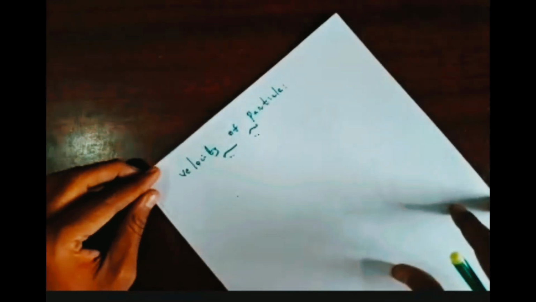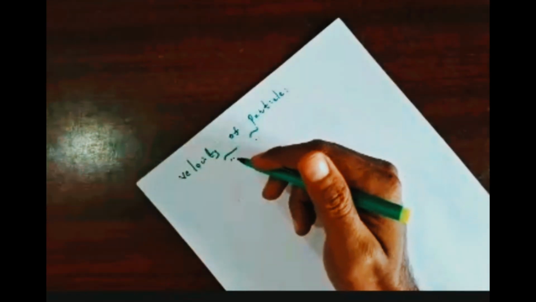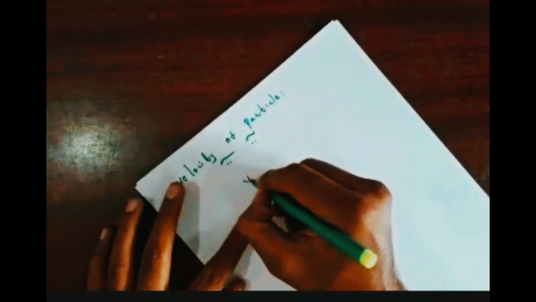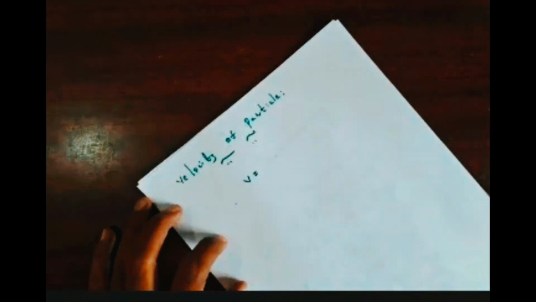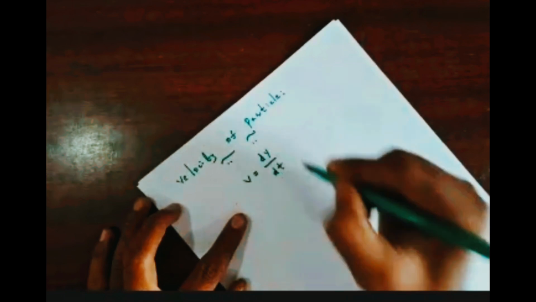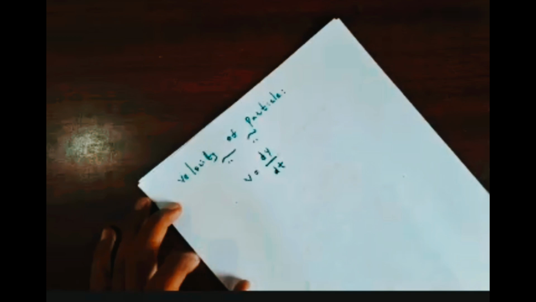Listen. Velocity of the particle is nothing but v. As you know, earlier I said to you that the rate of change in displacement is called velocity. So v is equal to dy by dt.